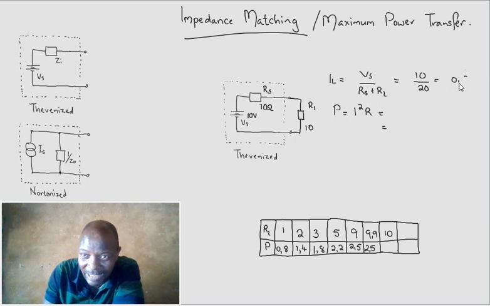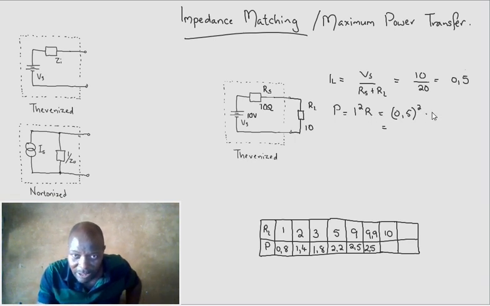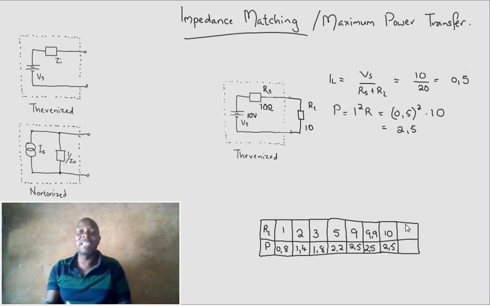That is 0.5 exactly, without a need to round off. So this here is going to be 0.5 squared, which is 0.25, times the load of 10, that's exactly 2.5. So this did not get promoted like the 2.49s that we had previously. This is exactly 2.5, so it's actually even higher than the other 2.5s, because these were rounded off.